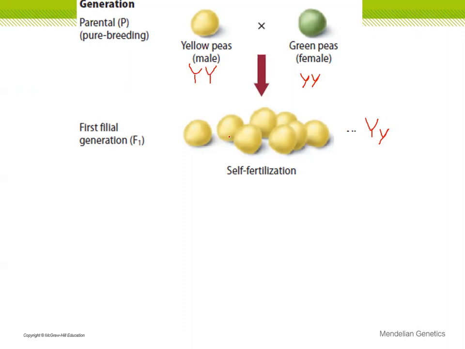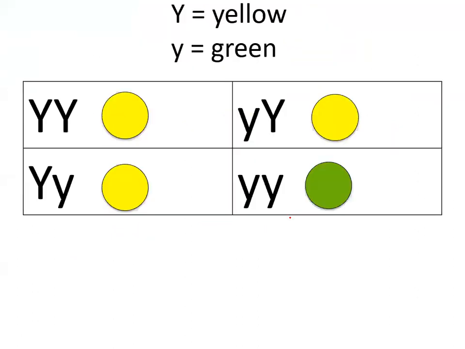So when I take a yellow pea with this and breed them together, I get this. These are the four outcomes. Remember that 3-to-1 ratio? I'm going to get 3 yellow peas to 1 green pea. We've already established that. So this is what ends up happening for our F2 generation.